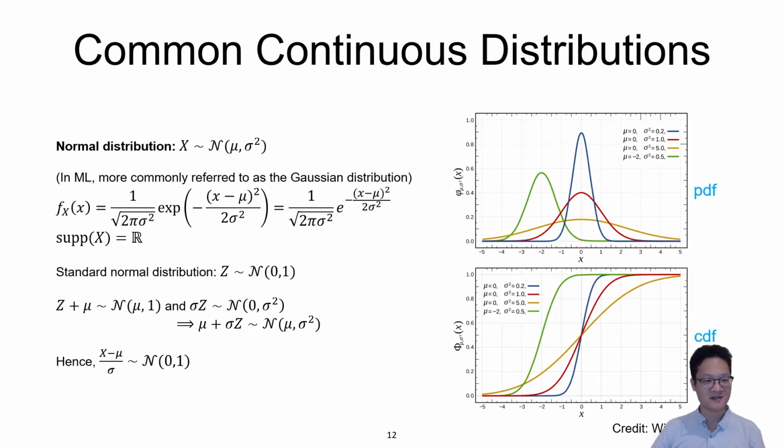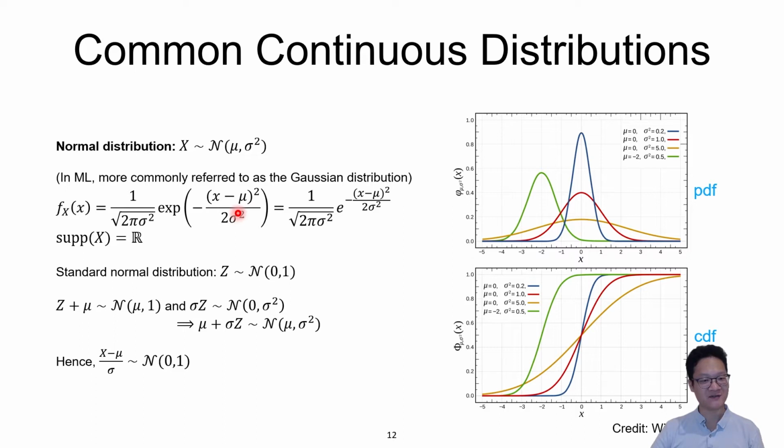Another one is the normal distribution. Here we write x tilde script N of mu comma sigma squared. A lot of times we call this the Gaussian distribution. The PDF looks a little bit complicated. We have 1 over the square root of 2 pi sigma squared, times the exponential of negative (x minus mu) squared over 2 sigma squared.